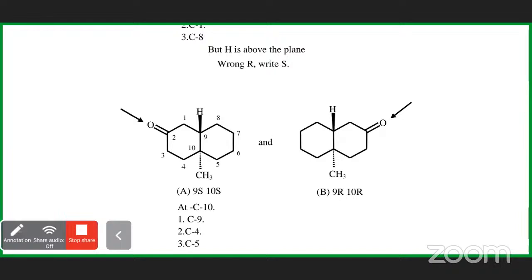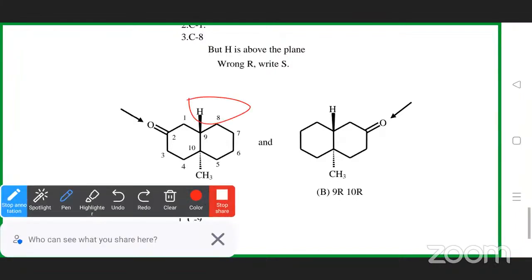But here the hydrogen, the least priority group, should not be towards the observer. As per the CIP rules, the Cahn-Ingold-Prelog rules, the least priority group must be away from the observer.